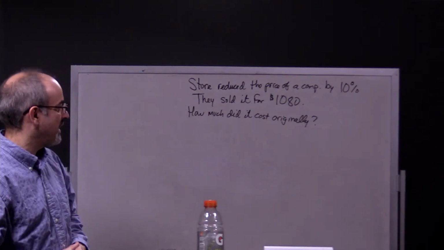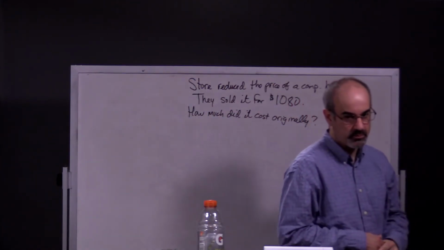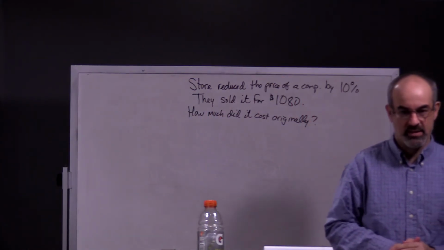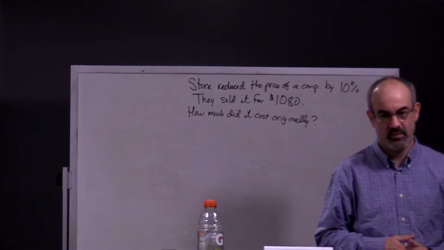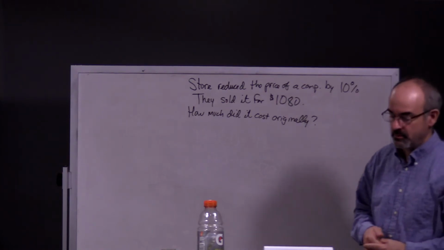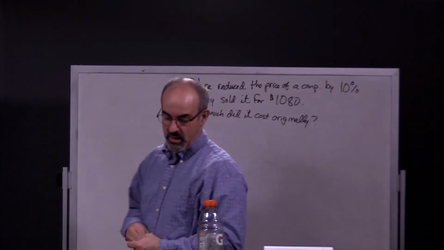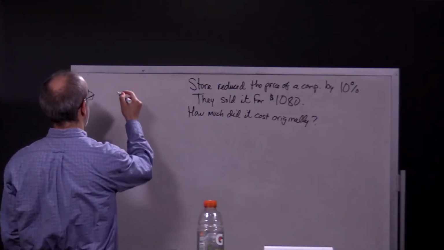Well, I'm going to estimate, since 10% is not much, I'm going to maybe estimate that it was, I don't know, $1,200. Okay, that'll be my estimate. Seems about right.